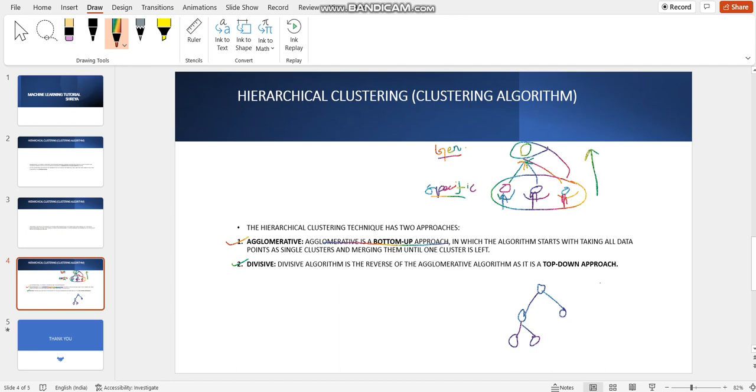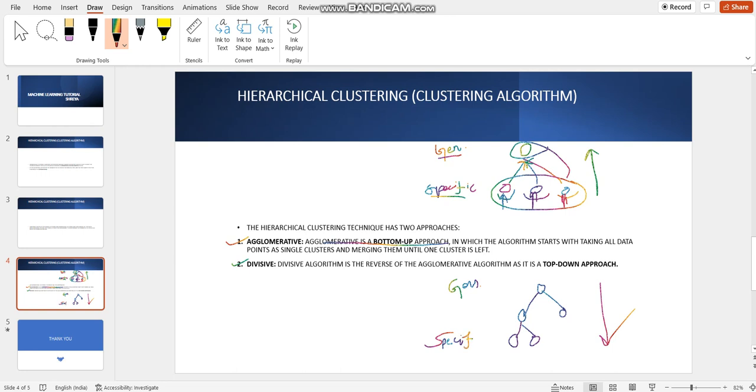This is the top down approach, where we come down from the top. This is generic, and this is specific.